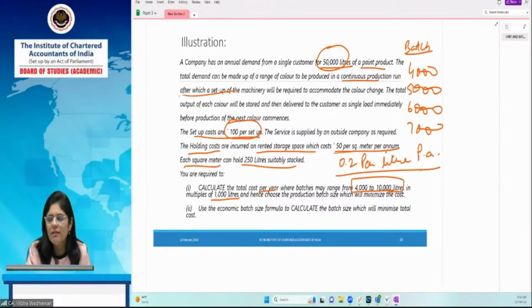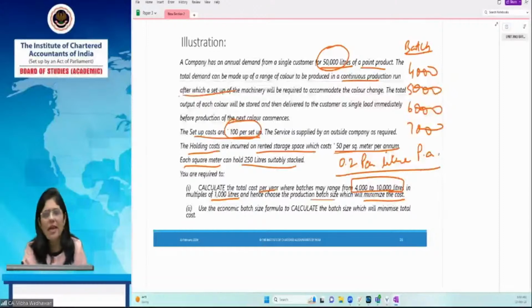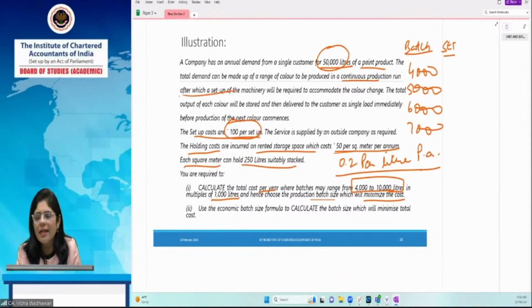From 4,000 to 10,000 liters, we have to take different batch sizes, and then we have to calculate the cost, so that we can select the production batch with the minimum cost. For every batch size, we have to calculate the setup cost and the holding cost, and then the total.